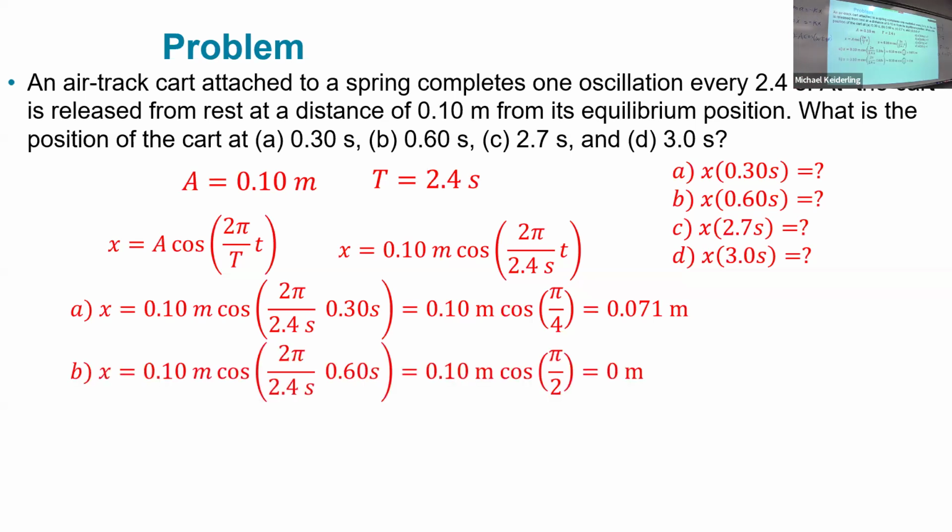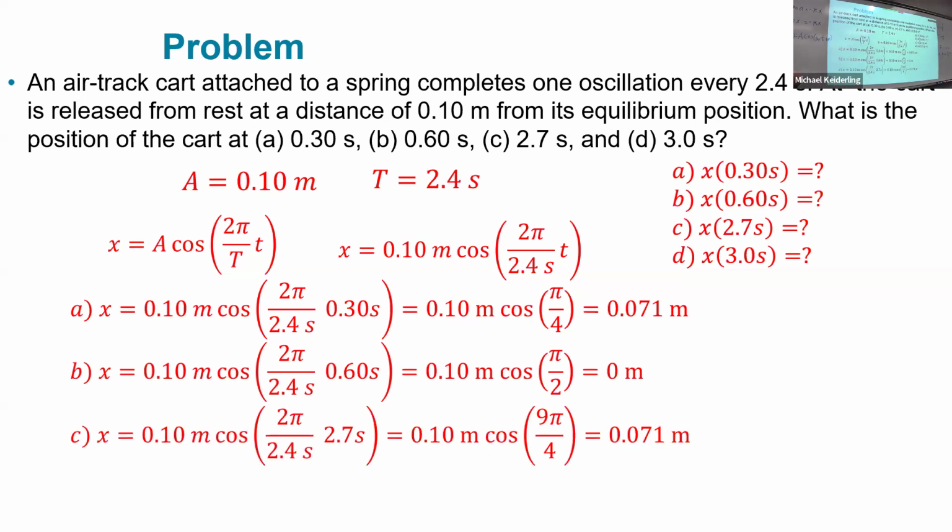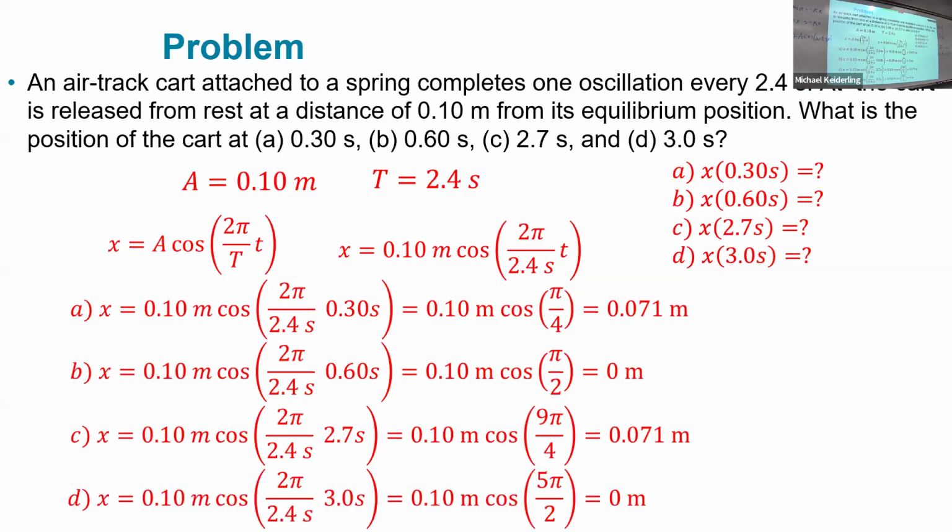At 0.6 seconds, we end up with 0.1 meters times cosine of pi over 2, which is 0 meters. At 2.7 seconds, we get 0.1 times cosine of 9 pi over 4, which is again 0.071 meters. And at 3 seconds, we get 0.1 times cosine of 5 pi over 2, which is again 0 meters.